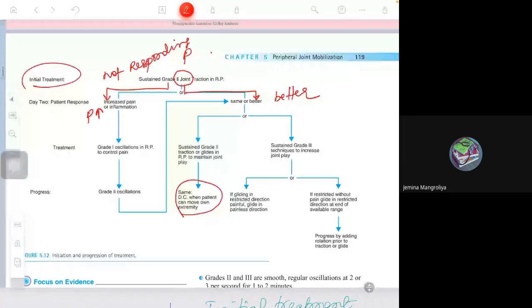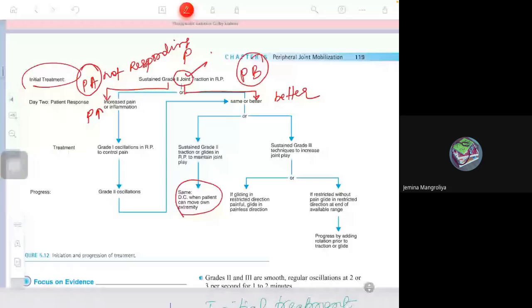This is patient A. Now patient B. The patient came with pain and you gave grade 2 distraction. Now pain is better. Clear? So now what will you do?